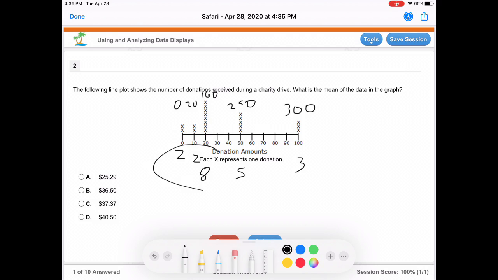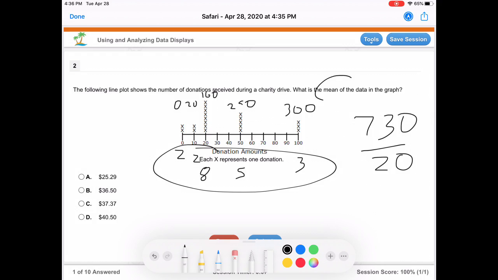So the bottom part here represents the total that we have. So it looks like we have 20. And then the top part will give the amount of donations. So adding together 20 plus 160 plus 250 plus 300 gives us $730.